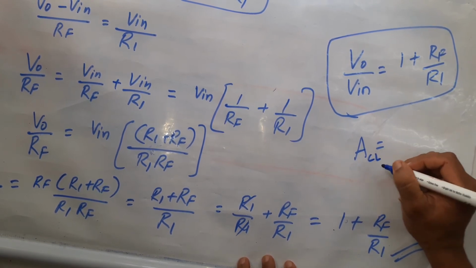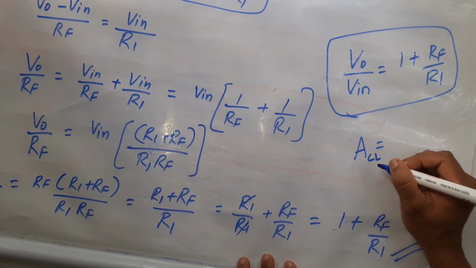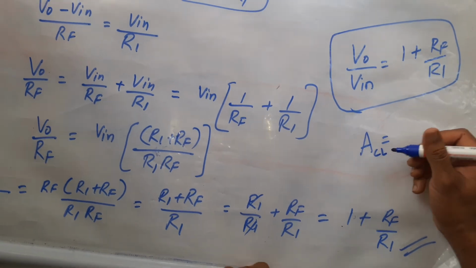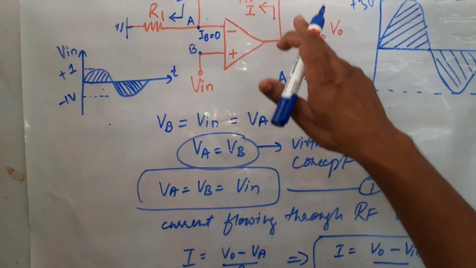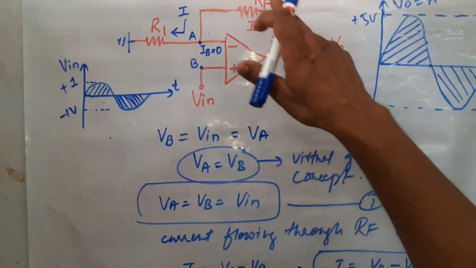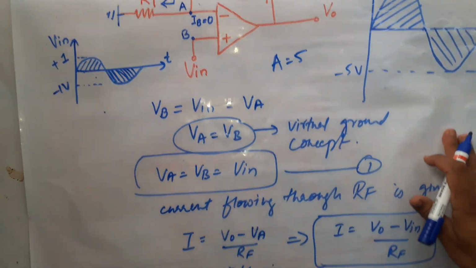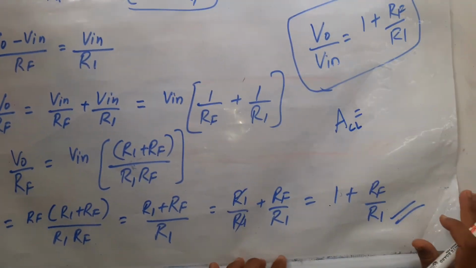CL stands for closed loop gain. If it is open loop we write OL, or simply write A. It is closed loop gain because we have connected a feedback resistor. There is a feedback which connects from output to input. So this is closed loop gain.